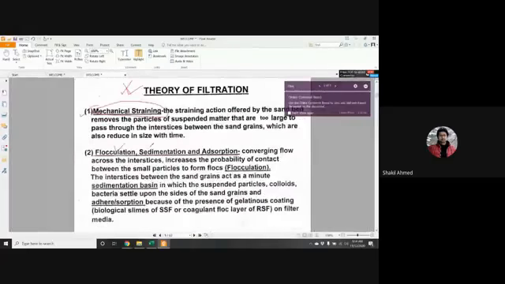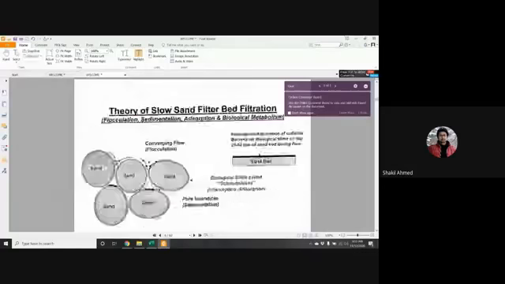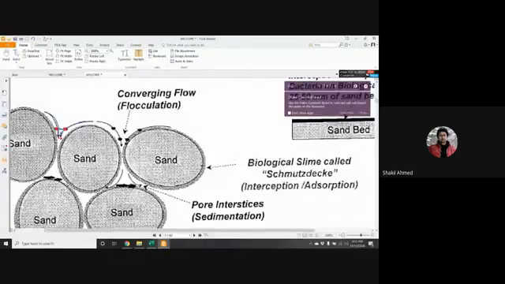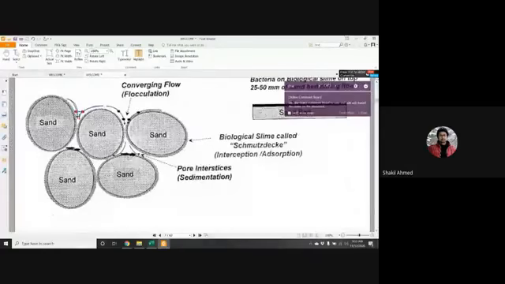Sedimentation. What happens? If you look at the chamber, this chamber acts as a sedimentation basin.